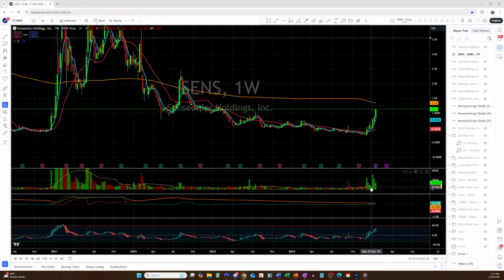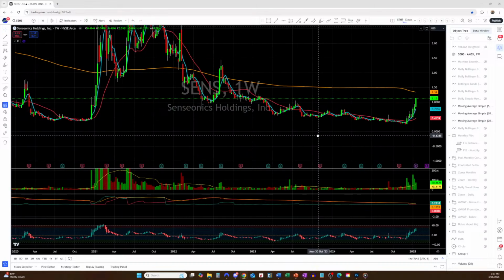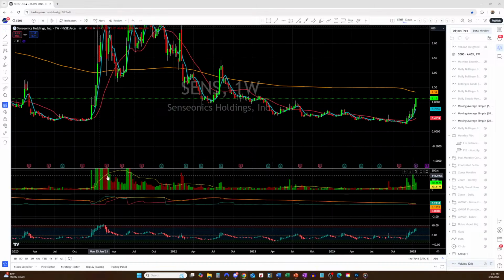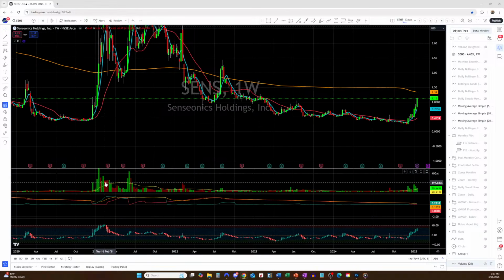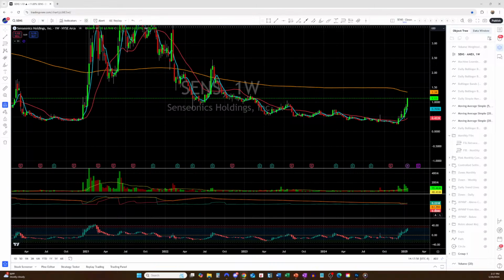We only had one pullback week, which was below average, so that's all healthy on the weekly chart. It's surging again, similar to back in 2021 when we had weekly above average volume in the 200, 300 million range. So we had a sustained period of above average volume. We're starting to see potentially some of that now.